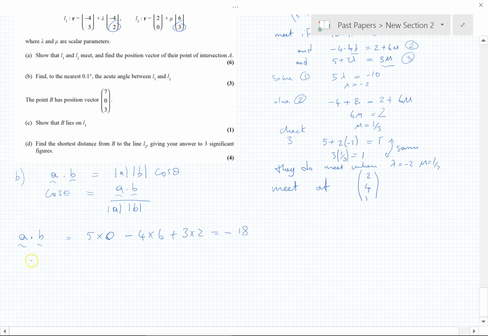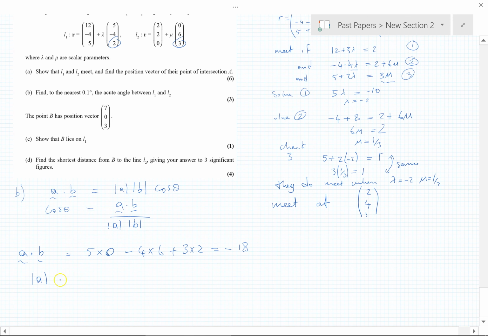And then we need to find the moduli of each of these. The modulus of A is the square root of 5 squared plus 4 squared plus 3 squared, just ignoring any negatives because they just give a direction. So that's 25 plus 16 plus 9, so that's 45.